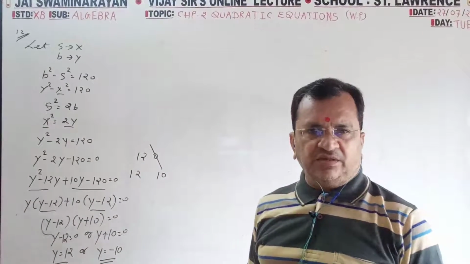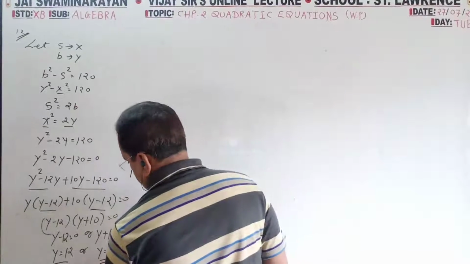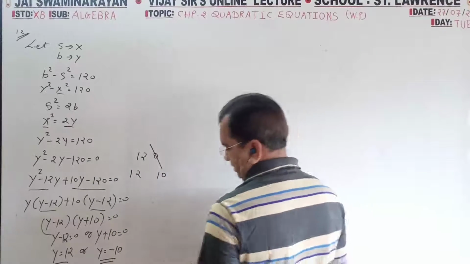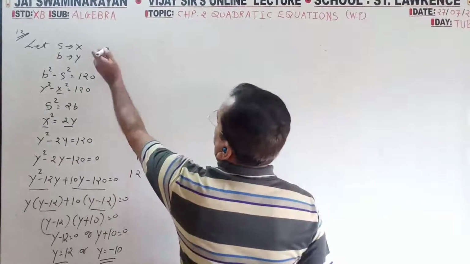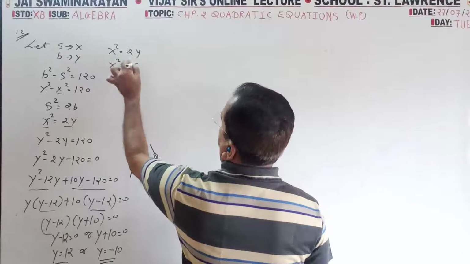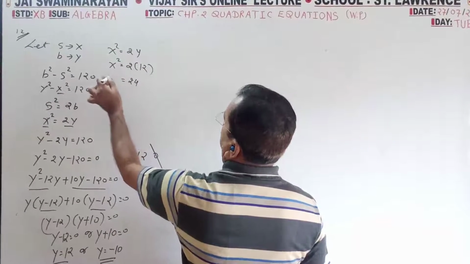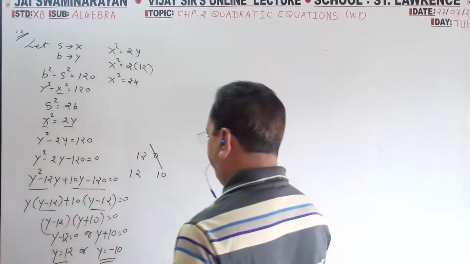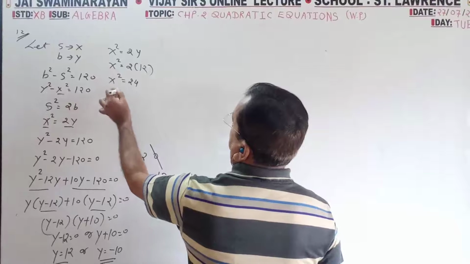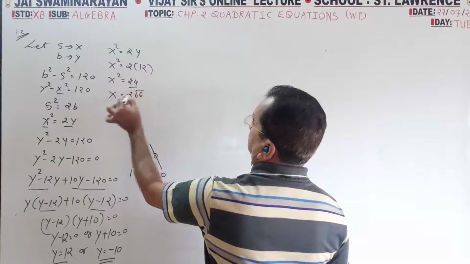But they have asked for a positive number. So y is equal to 12, and x, how to get x? x square is equal to 2y. x square is equal to 2 times 12, that is 24, so x is 2 root 6.